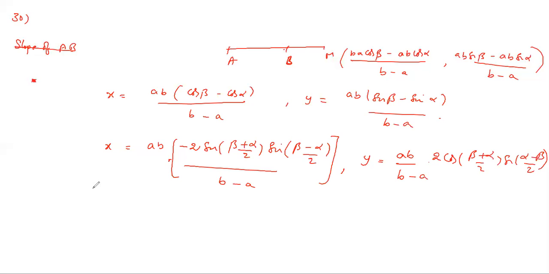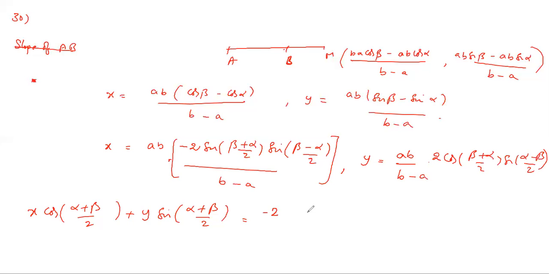Now what do you have to find? x cos alpha plus beta by 2 plus y sin alpha plus beta by 2. So what is the x value?